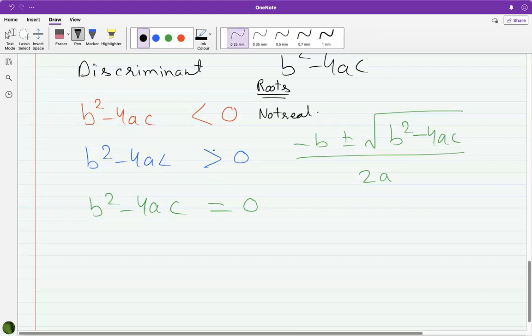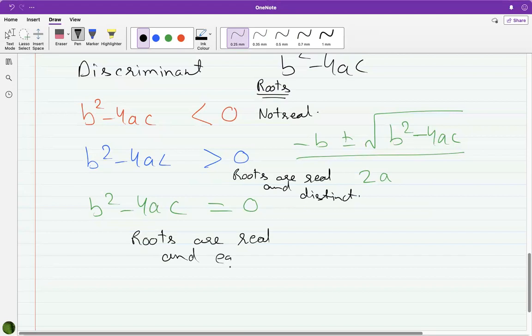When it is greater than 0, roots are real and distinct. When it is equal to 0, roots are real and equal.